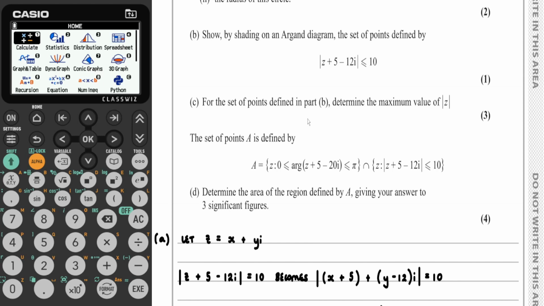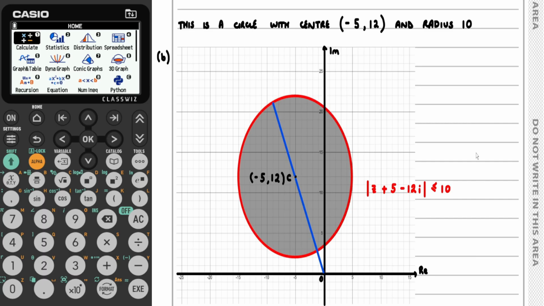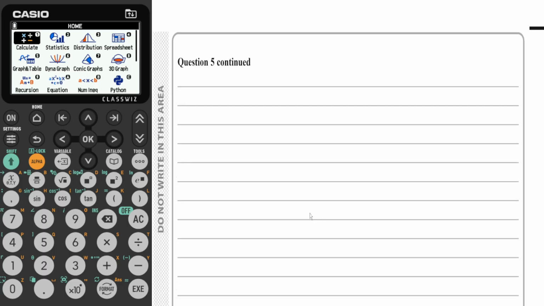For the set of points defined in part B, we have to determine the maximum value of mod of z. The maximum value will be the length of this line here. So what we need to do is find out the distance from the origin to the centre and then add on the radius, and that will give us the total length.